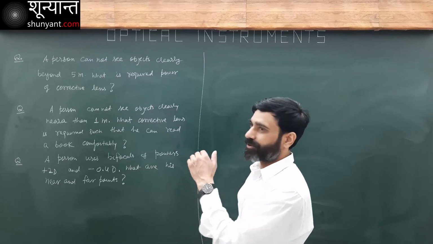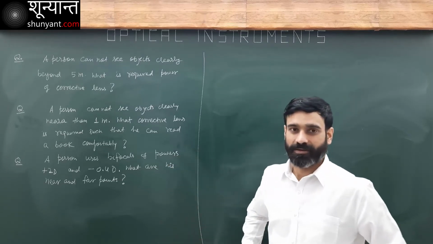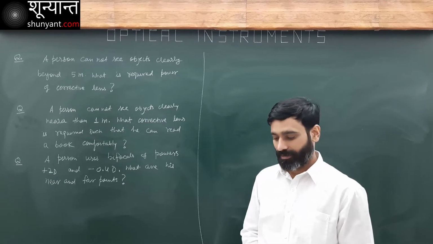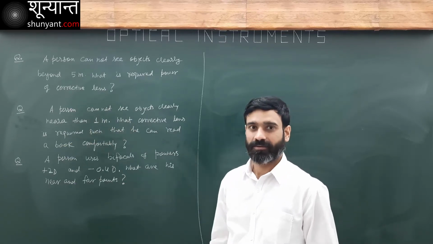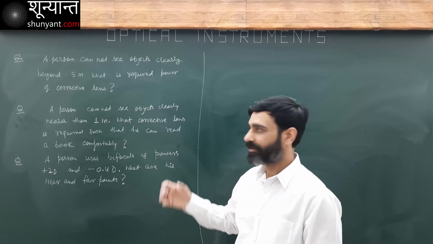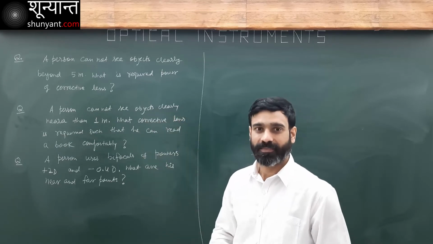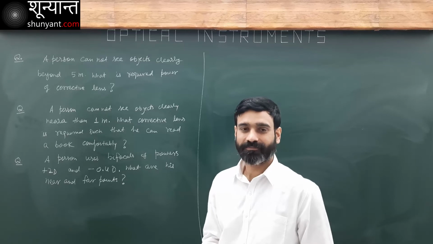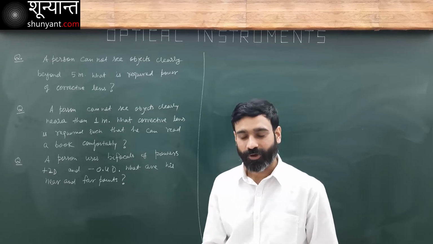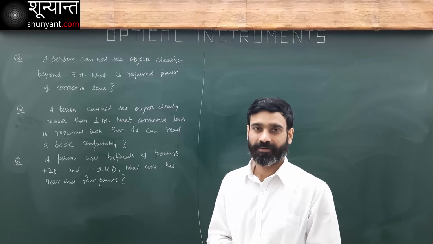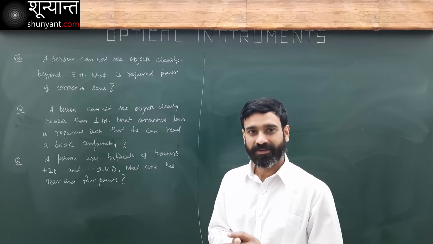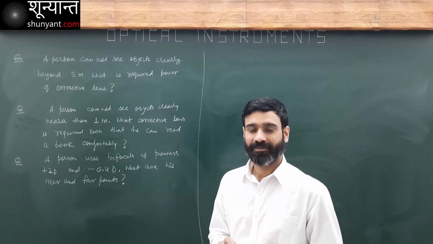First problem. I cannot see an object which is beyond 5 meters. I can see an object clearly nearby, but if something is at a distance more than 5 meters, I cannot see it. I want to normalize my vision and correct this defect. What type of defect is it?